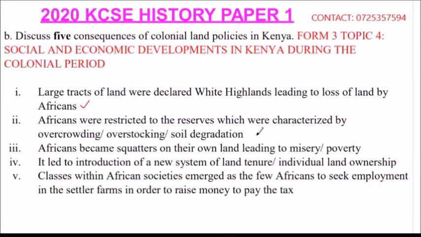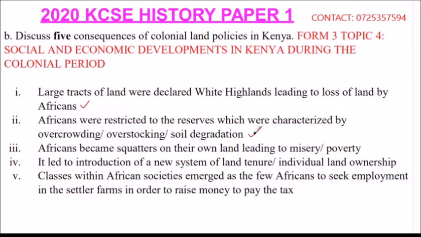So Africans were pushed to a smaller area, and therefore there was a problem of overcrowding. They were put together in villages and given some part of the land to cultivate, just enough for them to plant what to feed.